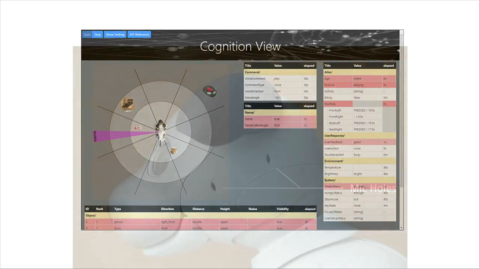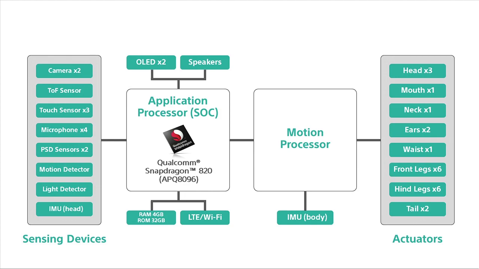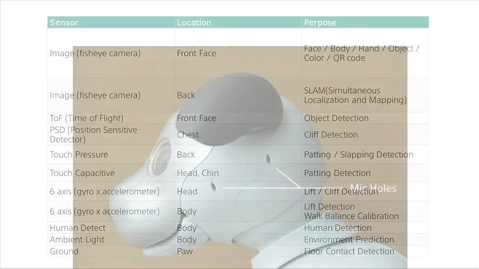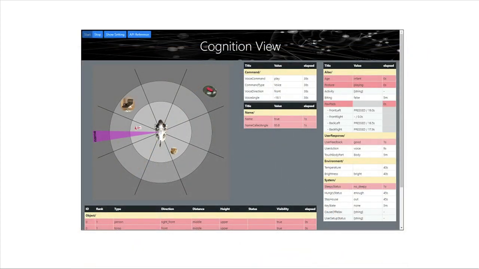This circle is the same circle as here, and the cognition view detects in real time. This tool is utilized in the development process.